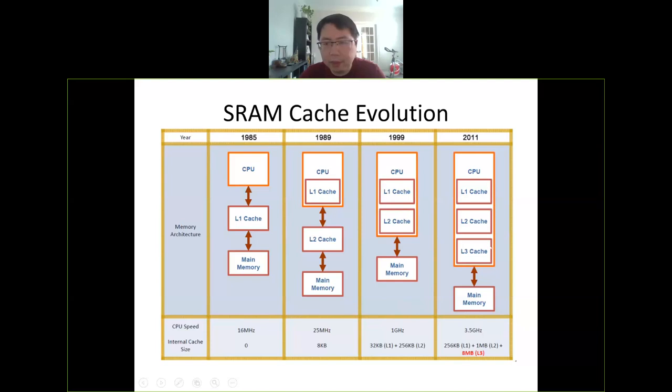And recently, this is the typical three-level cache architecture in modern processors. In this example, the clock frequency is 2.5 gigahertz, level 1 is 256 kilobytes, level 2 is 1 megabyte, and level 3 is 8 megabytes. So this is the typical spec of a processor today.